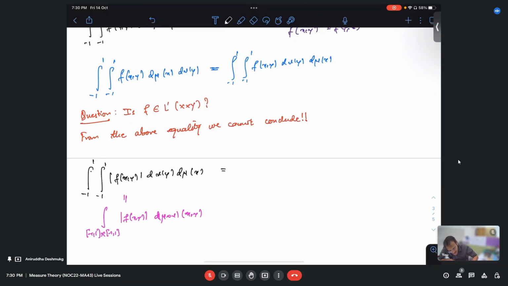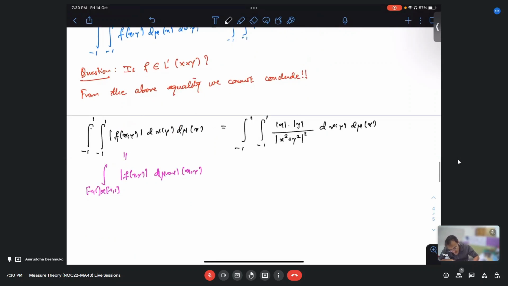So let us evaluate this iterated integral from minus 1 to 1 of mod x mod y upon mod of (x square plus y square) whole square. But that is just (x square plus y square) whole square, because it is already a non-negative quantity, d mu y, d mu x. Now what I can do is, since mod is an even function, I can write mod x outside.